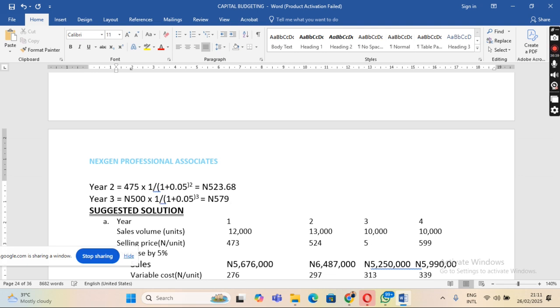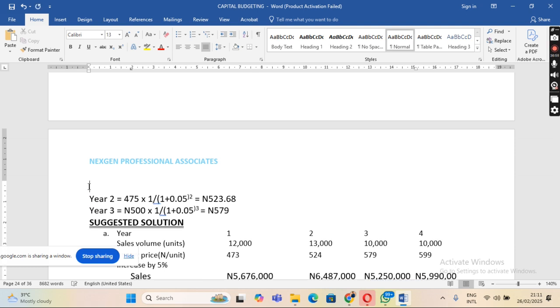Okay, 579. So why I didn't bother for year 1 is because it is just for 1 year. Just raise it to the power of 1, you still get the same thing. Is that not so? If you raise it to the power of 1, are you going to get the same thing? Let's check year 1.